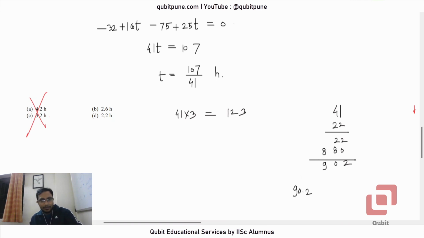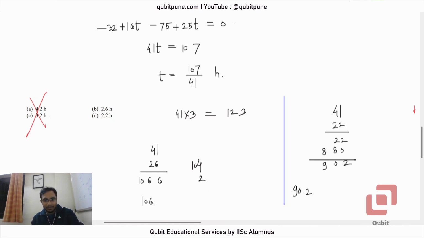Doesn't appear to be close to 107. Well, who knows? Just go for 41 into 2.6. Okay, 106.6.